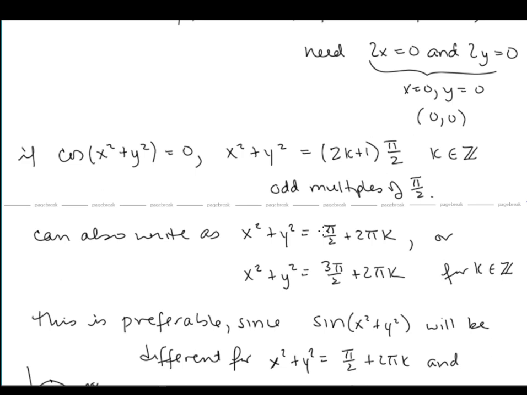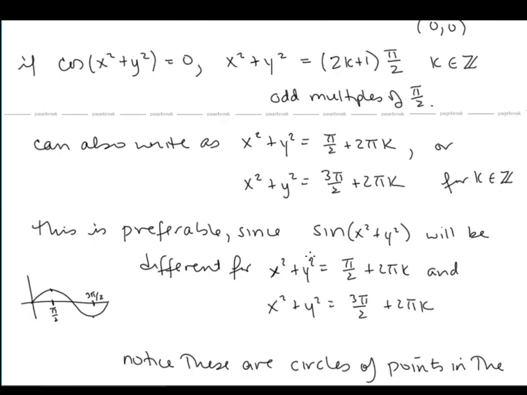And sine is different at pi over 2 than it is at 3 pi over 2, right? Sine of pi over 2 is equal to 1. Sine of 3 pi over 2 is equal to -1. So we're going to see that it's going to be useful to separate these points into two sets. The ones for which x squared plus y squared is pi over 2 plus 2 pi k. The other is x squared plus y squared equals 3 pi over 2 plus 2 pi k.